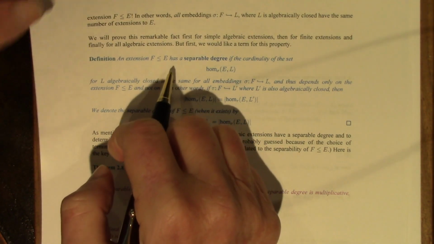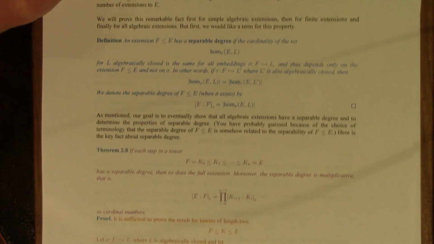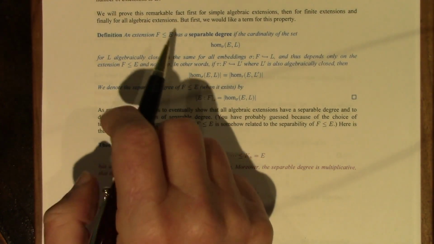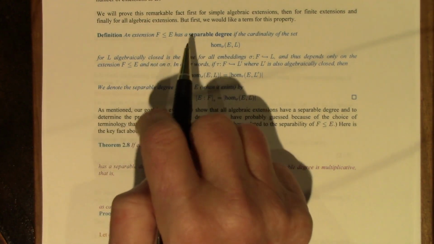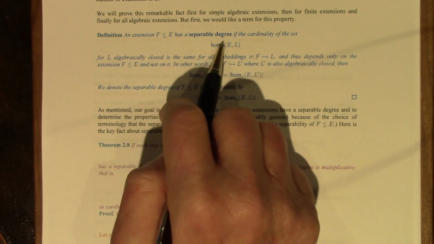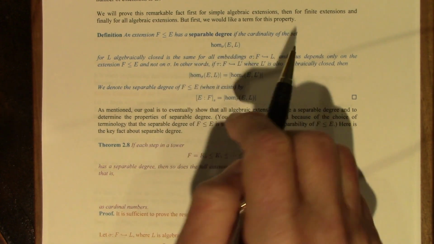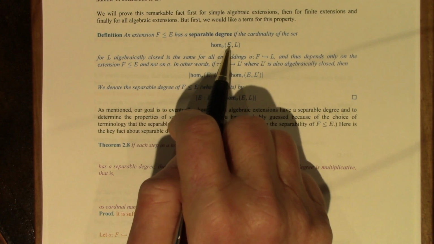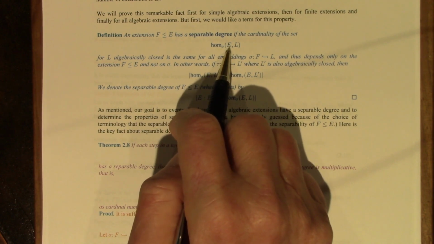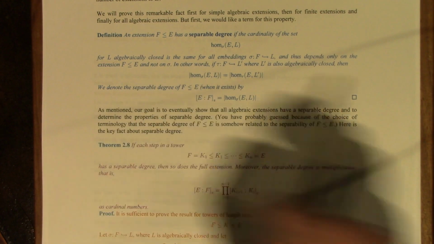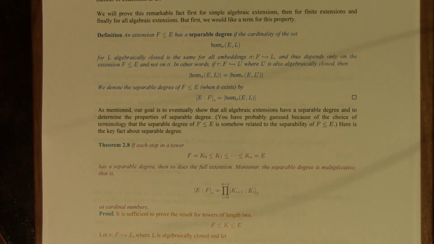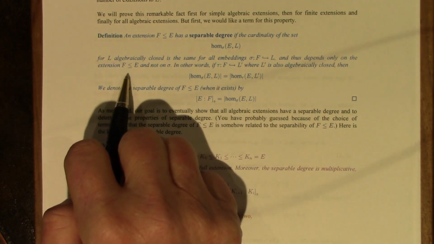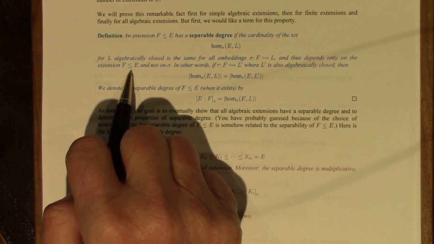And to begin, we would like some terminology. An extension FE has a separable degree if the cardinality of this set of extensions of sigma to E, again, L is algebraically closed, is the same for all embeddings, and thus depends only on the extension and not on sigma.